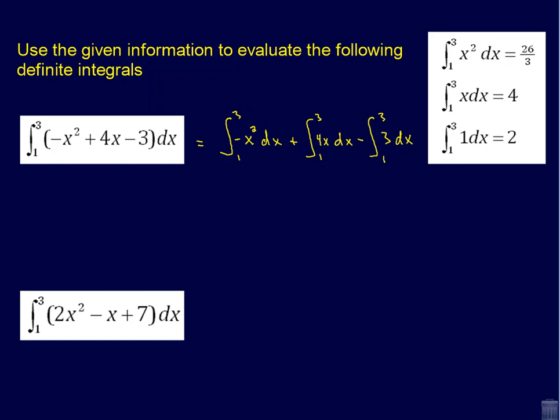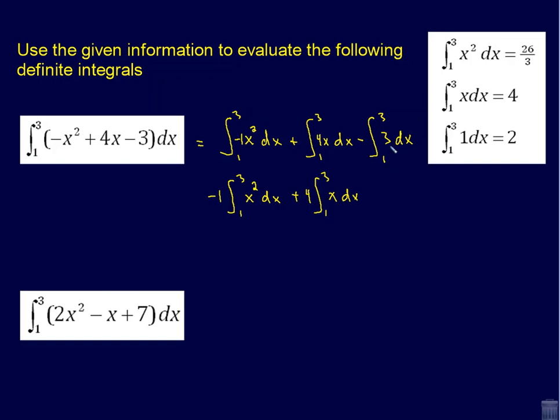But now, none of these integrals are exactly the ones in the givens, but they can be made into them if I remove the constants from each of the integrands or the expressions. So this first one has a minus 1 coefficient, so I can factor negative 1 out as the constant using that constant rule. I can factor out 4 from this one using the constant rule.